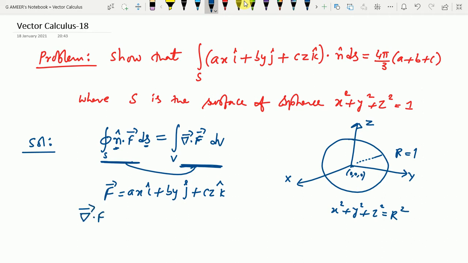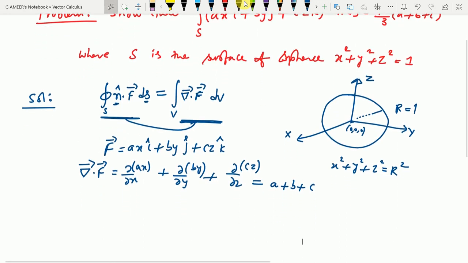So divergence of f is equal to, this is the f1, dou by dou x of ax, plus this is the f2, dou by dou y of by, plus this is the f3, dou by dou z of cz. When I solve this, a, b, c are constants, so I get a plus b plus c. So divergence of f I got.